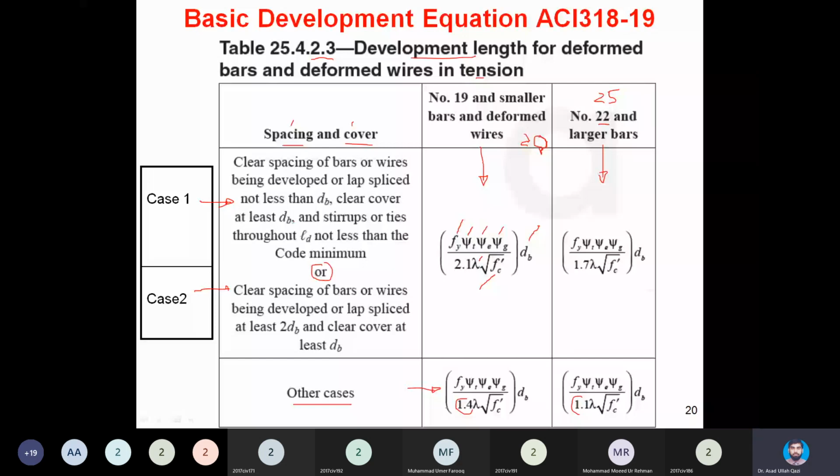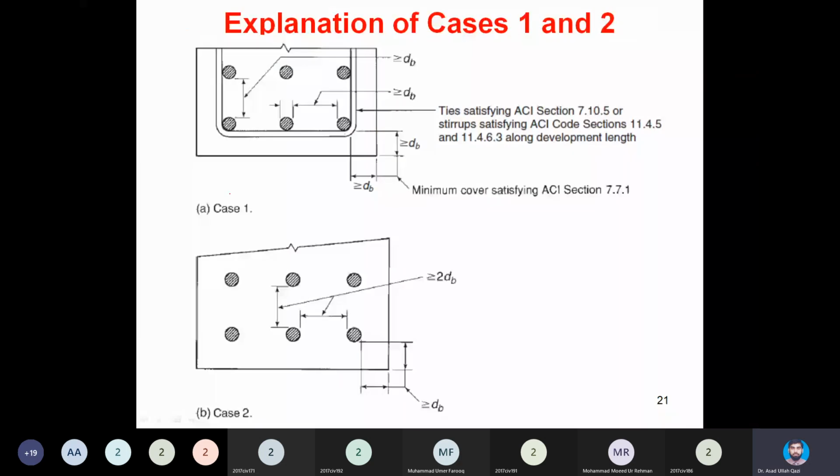Now what is case 1? Our first paragraph can be described through this picture. So it is easy to understand what they are demanding: if you are working on the development length of this corner bar, then how much cover is available in the cross section.